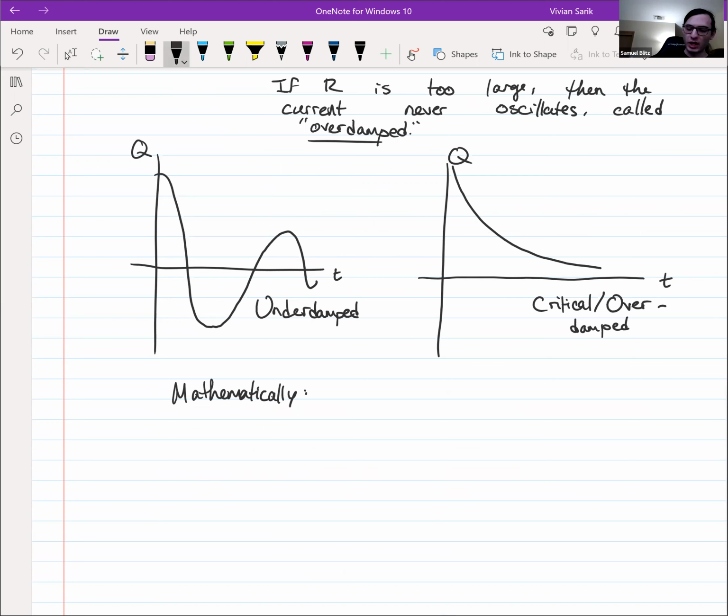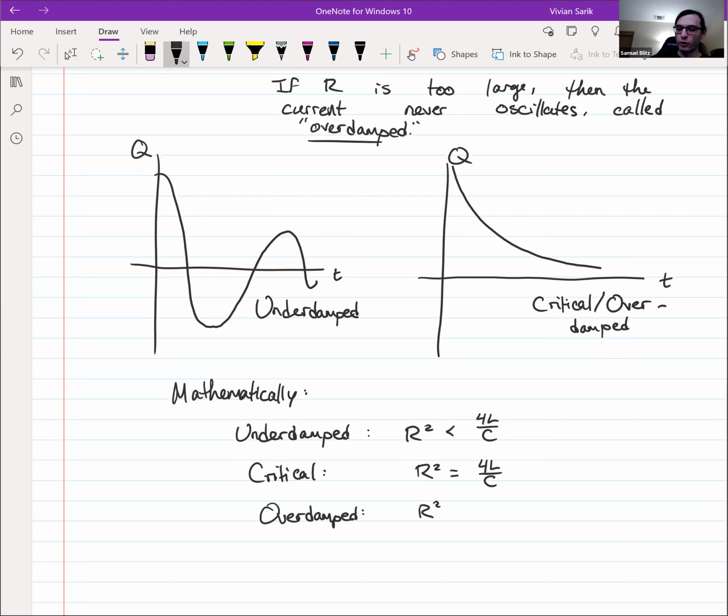You have an underdamped system when R squared, so if you take the resistance and square it, is less than 4L divided by C. You have critical damping when R squared is equal to 4L divided by C, and you have overdamped systems, as you guys can probably guess, when R squared is greater than 4L over C.